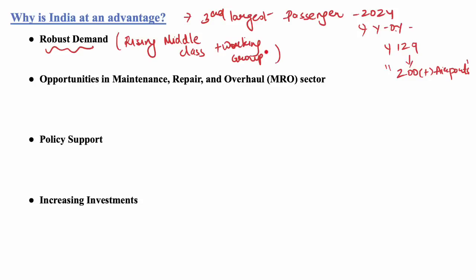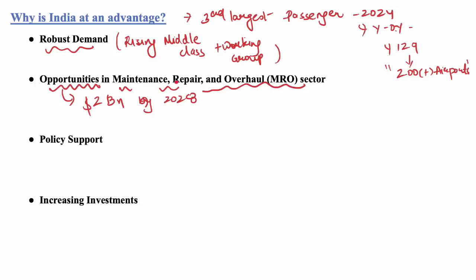The next advantage that India has in terms of the airline industry is the opportunities in maintenance, repair and overhaul, that is the MRO operations. It is estimated by government figures that the MRO industry is likely to become a $2 billion industry by 2028.